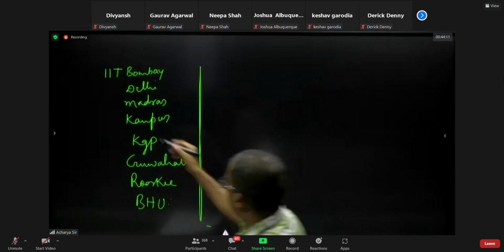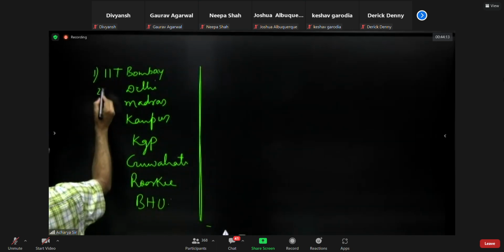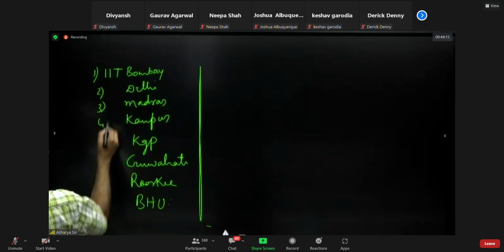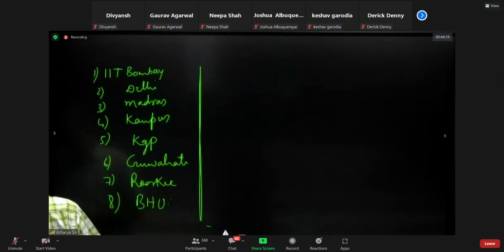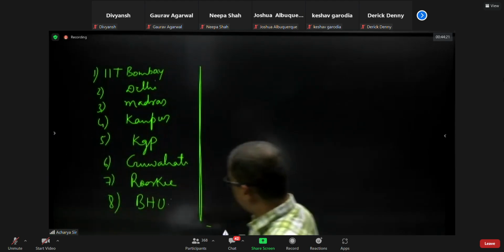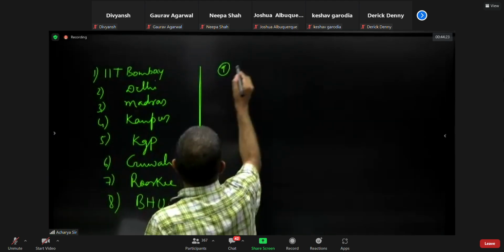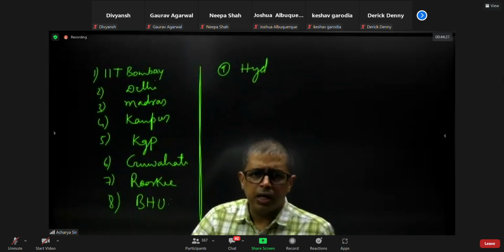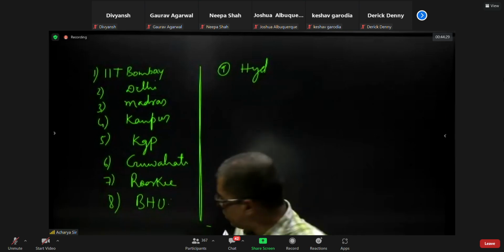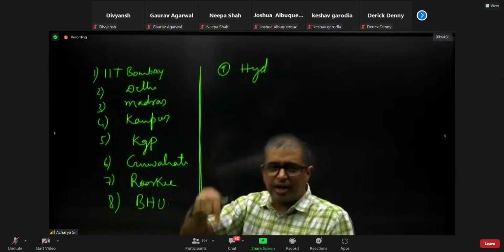Till where have we come? This is 1, 2, 3, 4, 5, 6, 7, 8. Now, IIT Hyderabad is catching up very well. Quite a few rankings put IIT Hyderabad ahead of BHU.